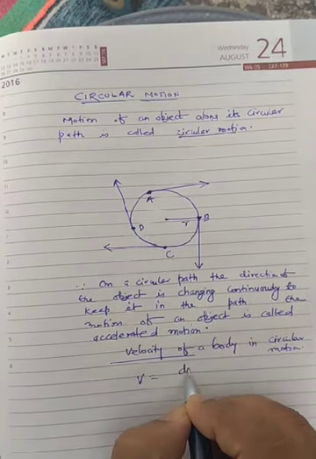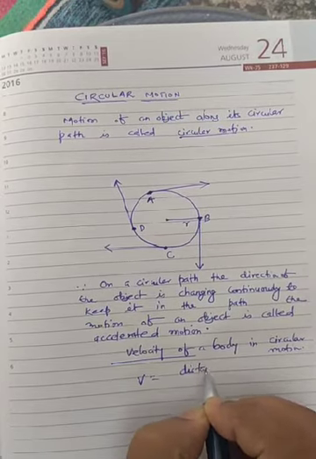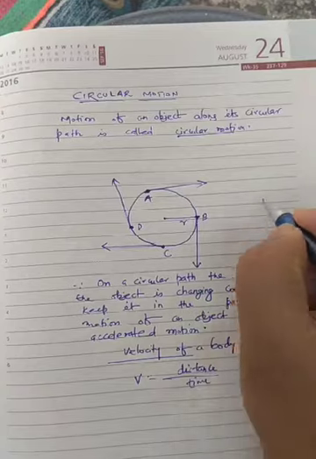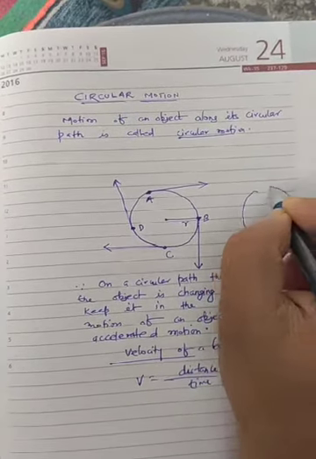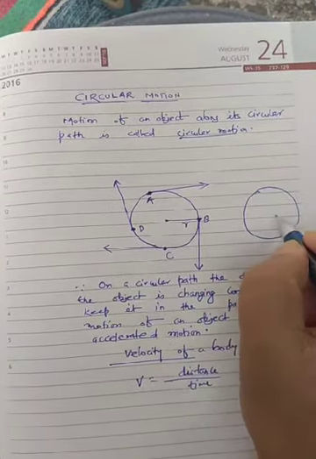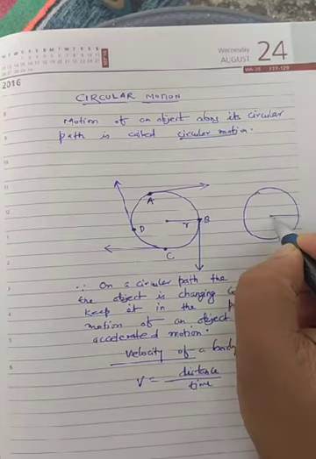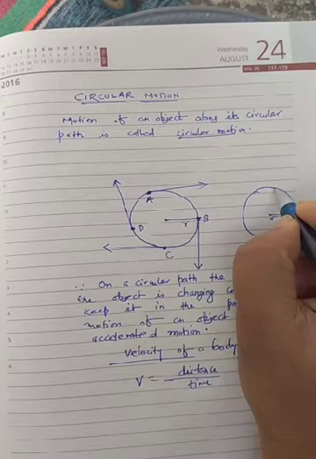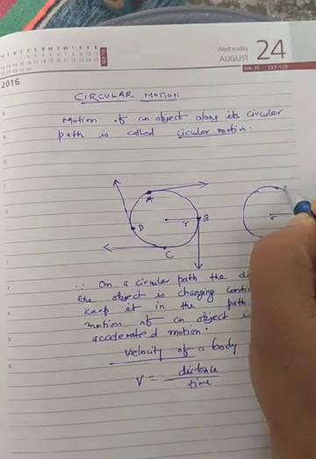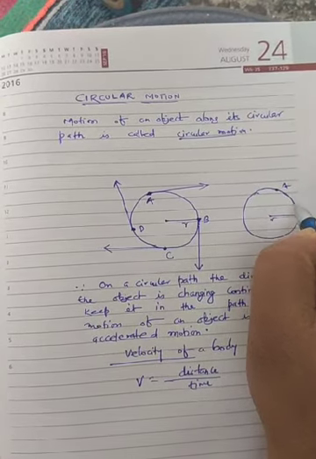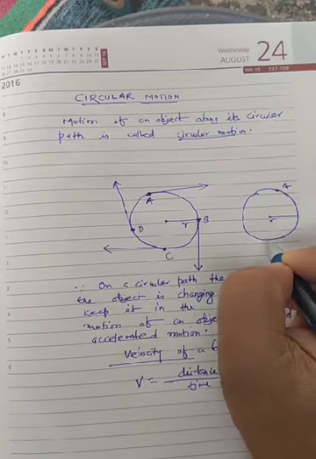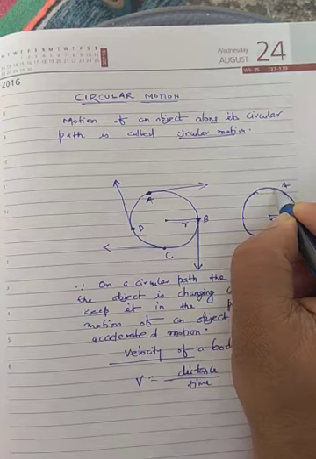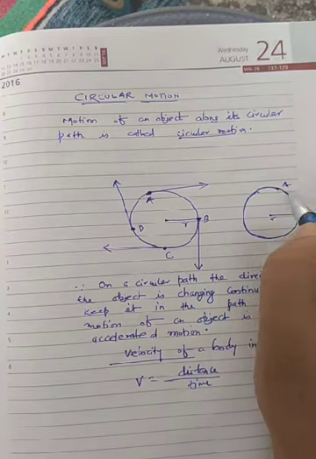Velocity equal to distance by time, or displacement by time. So what is the distance? Suppose this is a circular path. This is radius r. Suppose a body starts moving from point A and keeps going in this circular path, finishing its journey, again coming back to the point A.